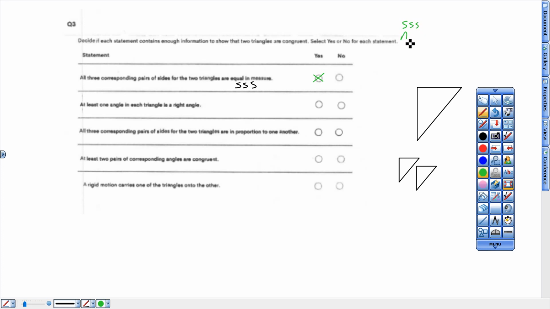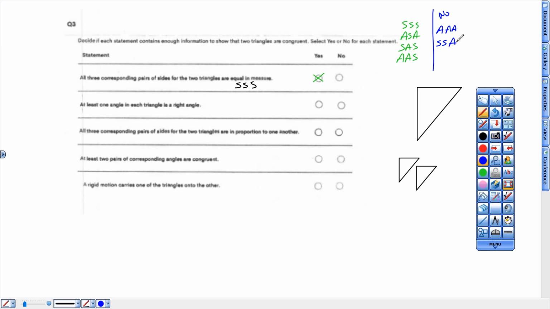The sandwich ones. Angle, side, angle. Angle, side, side. The double angle and a side. And then remember the not so good ones. No, you got angle, angle, angle. That's proportional but not congruent. And then you got the SSA, the bad word. That is no good either. Those do not show congruency.